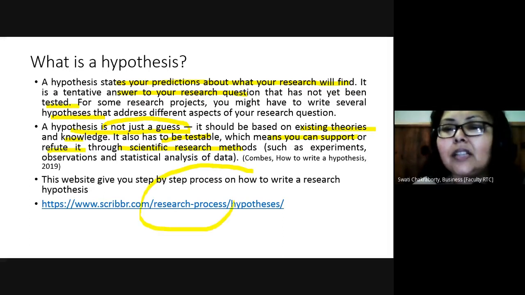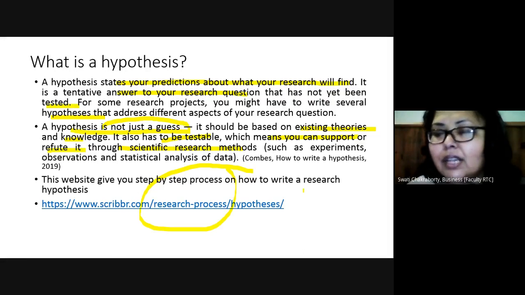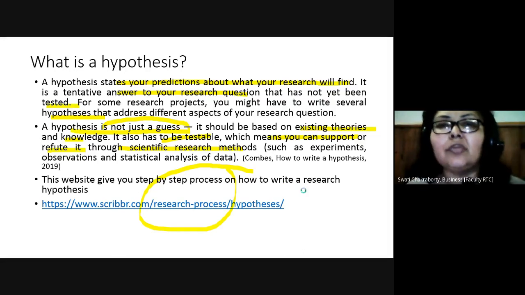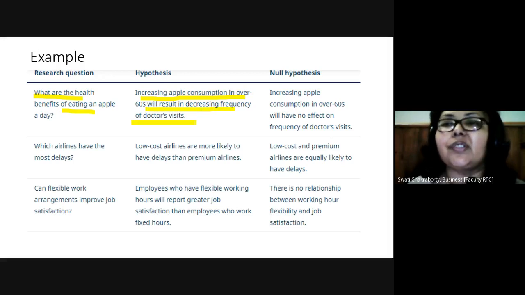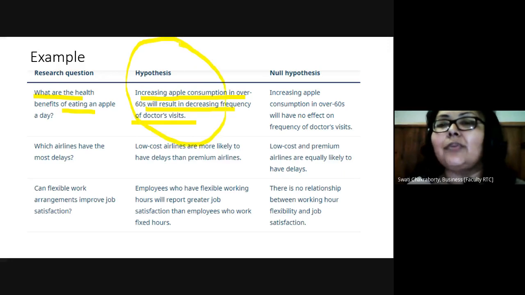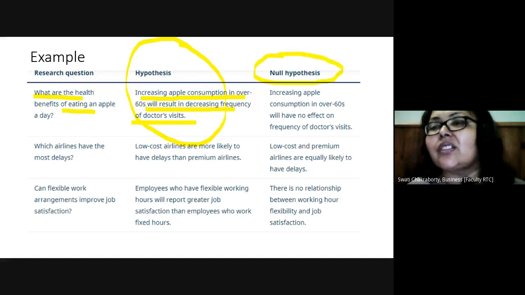This is the website which tells you how to write a research hypothesis. See this example. Your research question: what are the health benefits of eating an apple a day? Your hypothesis, what you have predicted, is that increasing apple consumption in over 60s will result in decreasing frequency of doctor's visits. If you accept this, it means you have rejected something that is not correct as per your prediction.